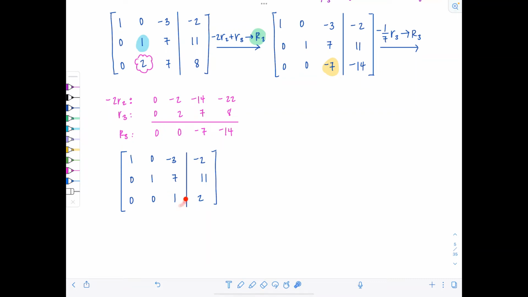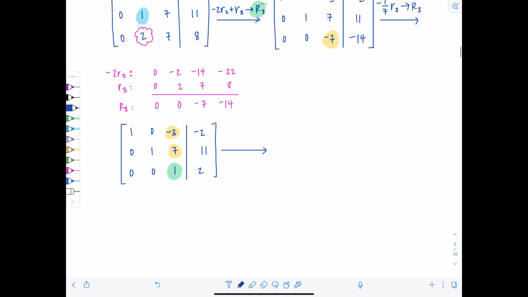So now we've got the 1. I'm going to use this pivot to make a 0 in the column that it lives in, column 3, for all the entries above. Let's do it. The 1 is going to be used to make the 7 and the negative 3 a 0. Let's try doing both these at the same time mentally. Okay, so for row 1, I would take 3 times row 3, add it to row 1.